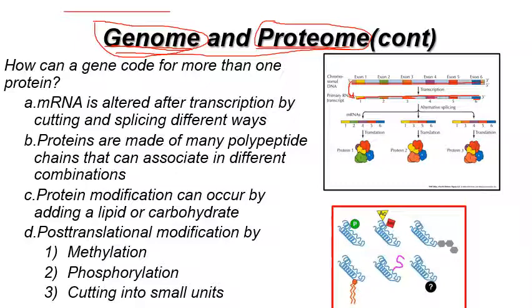This is one gene, but if the body splices out certain coding regions, each exon has a certain amino acid sequence, and they all have different amino acid sequences.